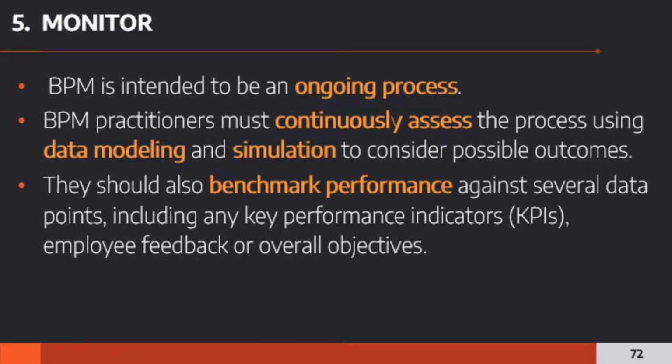So for example, if a new process was to deliver a product to the customer 2 days earlier, but the employees' feedback indicates achieving the goal requires substantial overtime, the process may need to be revisited.